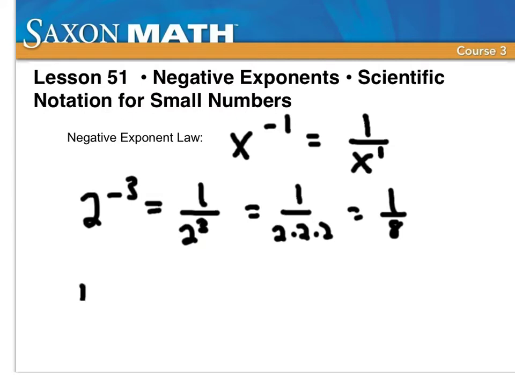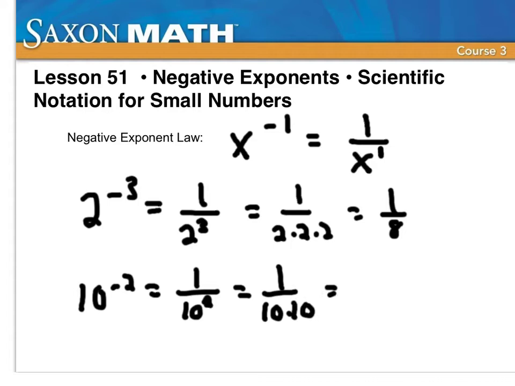Okay, 10 to the negative second power is 1 over 10 squared, which is the same as 1 over 10 times 10, which is the same as 1 over 100. Okay? So, again, any negative exponent can be changed to a positive exponent by flipping it to the other side of a fraction sign.